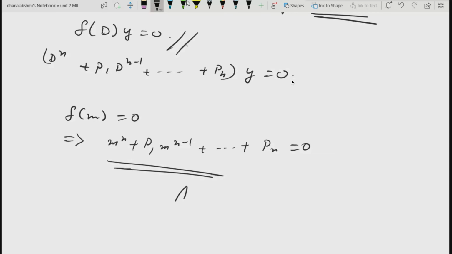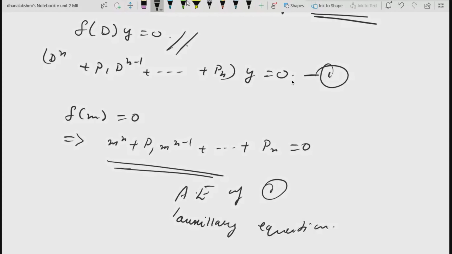AE in short form we write as A.E. It is nothing but the auxiliary equation. Understood all of you? So this is what you have to do in the first step.